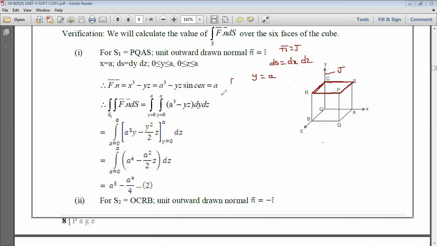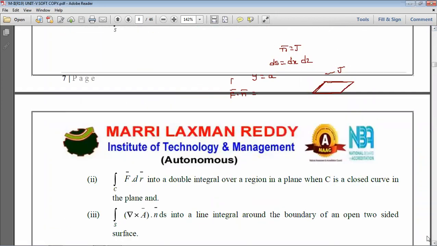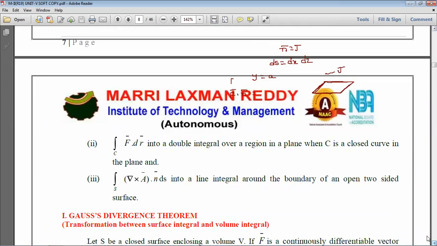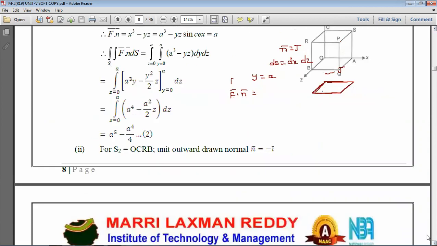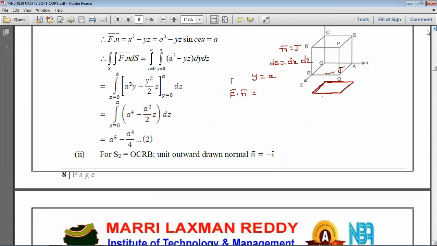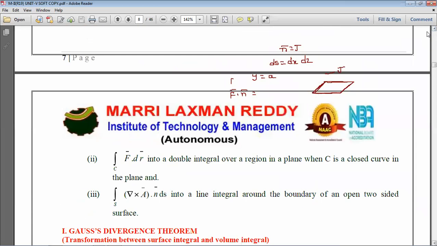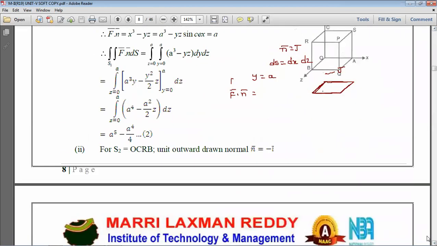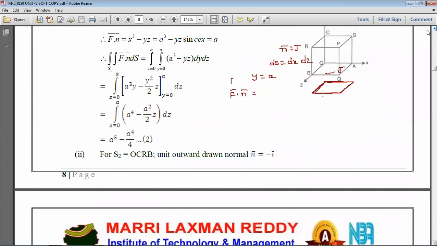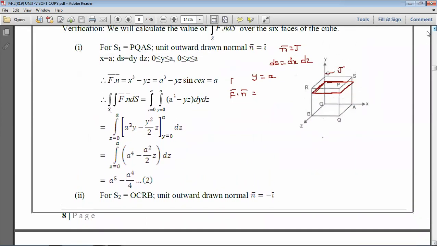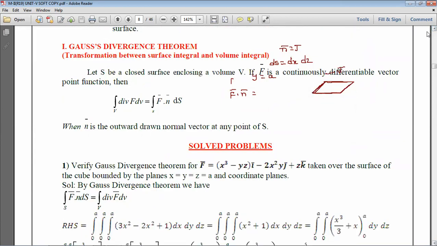And now here it is f bar dot n bar. So f bar dot n bar is equal. What about the vector? Here the vector f bar is x cube minus yz. This is the one, right?